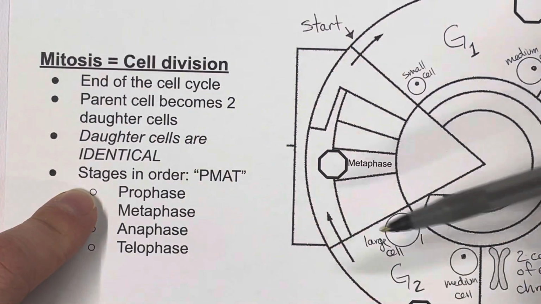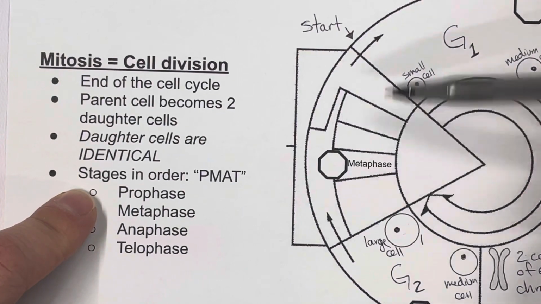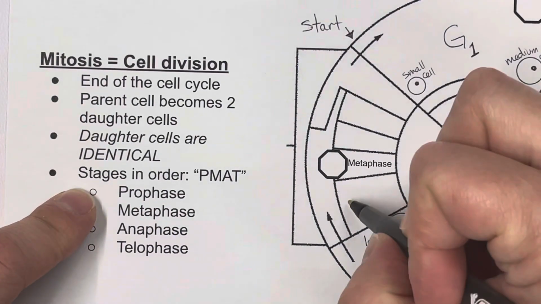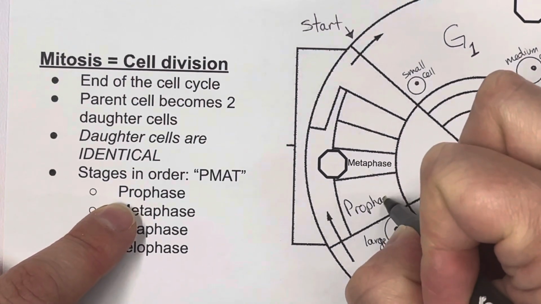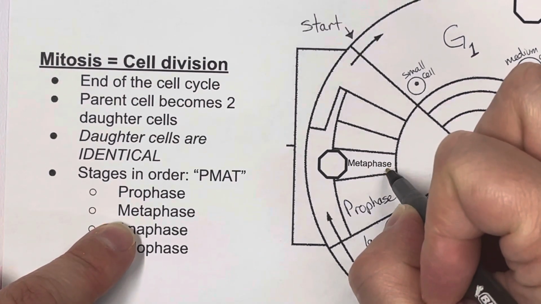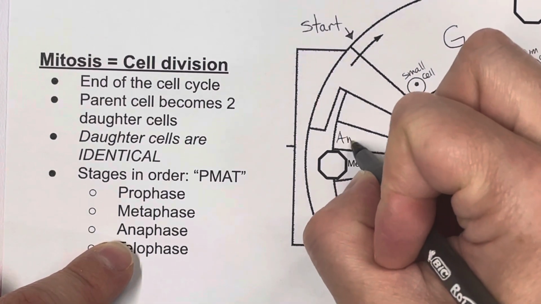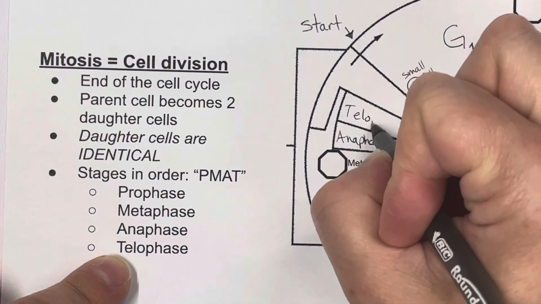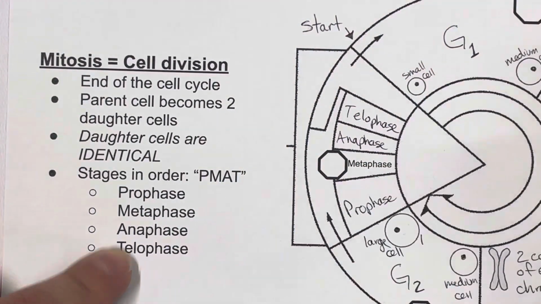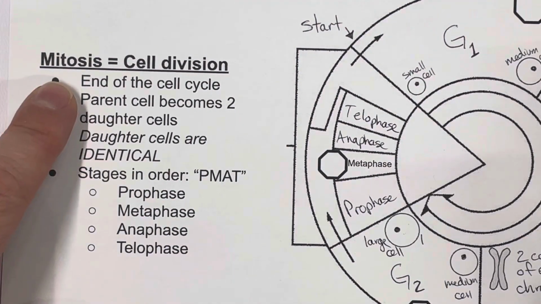All right, the stages in order. There are 4 inner stages of mitosis: prophase, metaphase, which is written in for you because it's a small space, anaphase, and telophase. Those 4 make up mitosis.